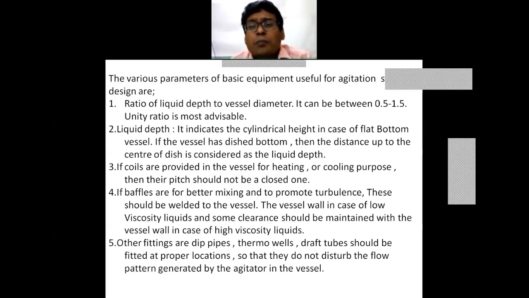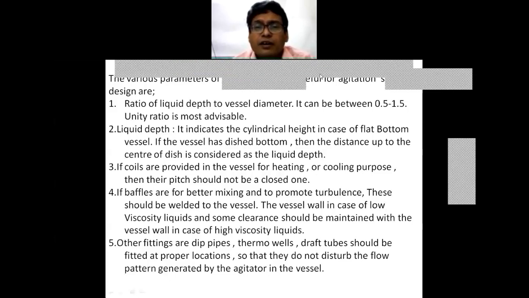It can also be between 0.5 and 1.5, which again depends on the process requirement, but generally an L by D equal to 1, or unity ratio, is most advisable. Then liquid depth indicates the cylindrical height in the case of a flat bottom vessel. If the vessel has a flat bottom, then its liquid cylindrical height is taken into consideration.